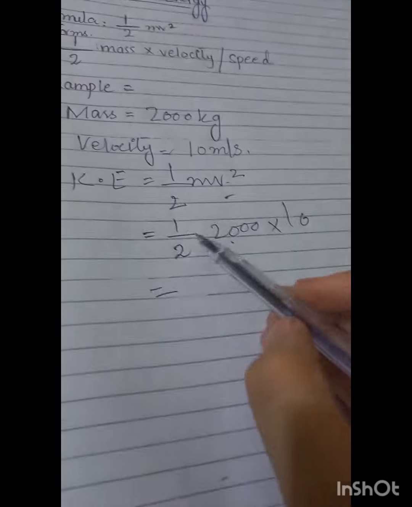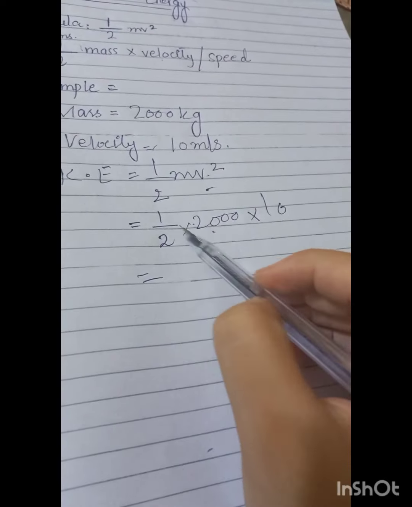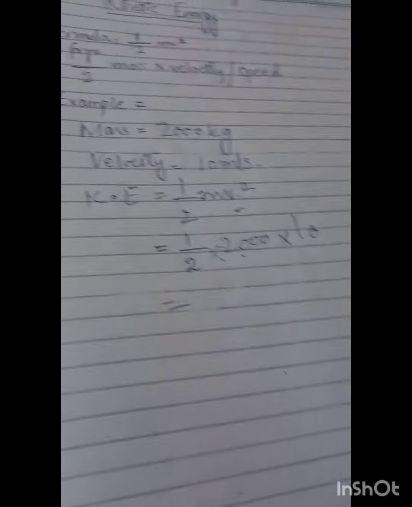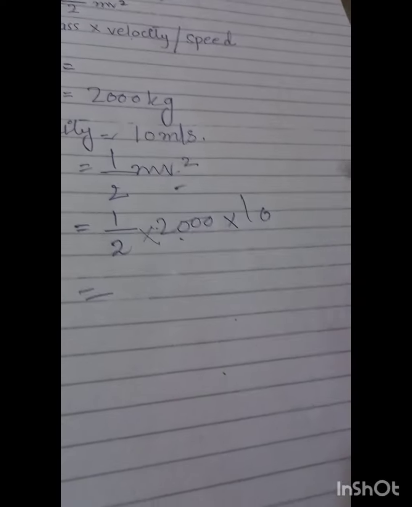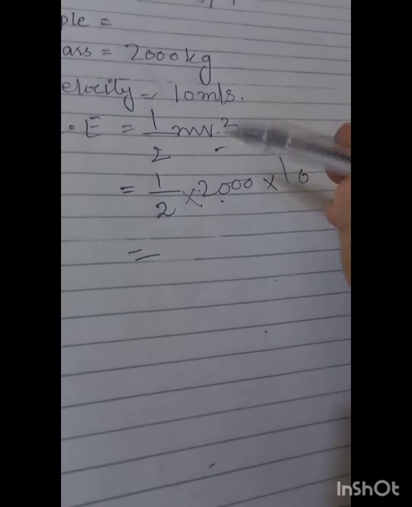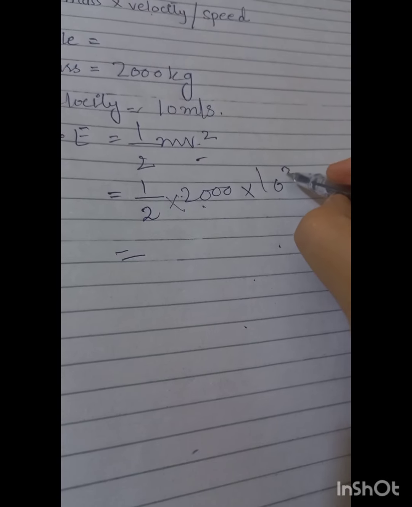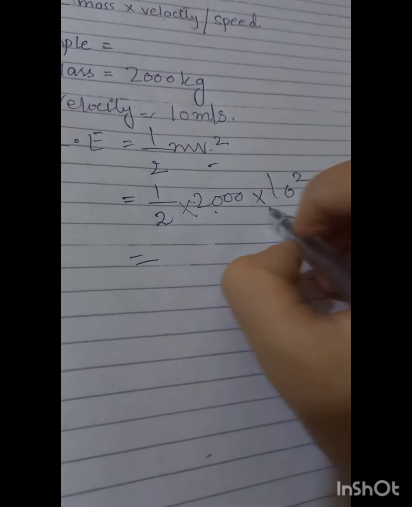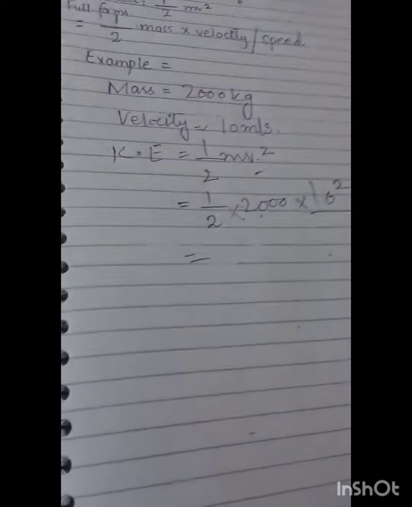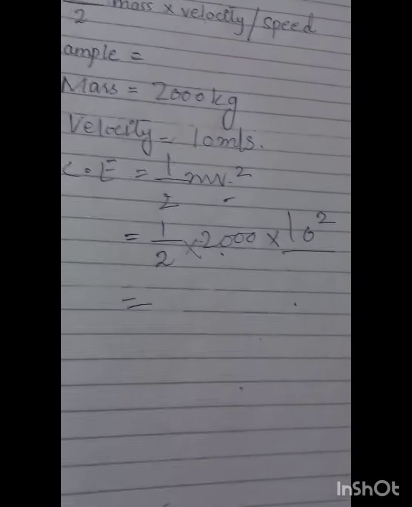So basically this is also multiplying here. Now after multiplying this, the most important thing that we always forget is to take the square of the velocity present in the formula of kinetic energy. It is very important because it is a part of the formula.